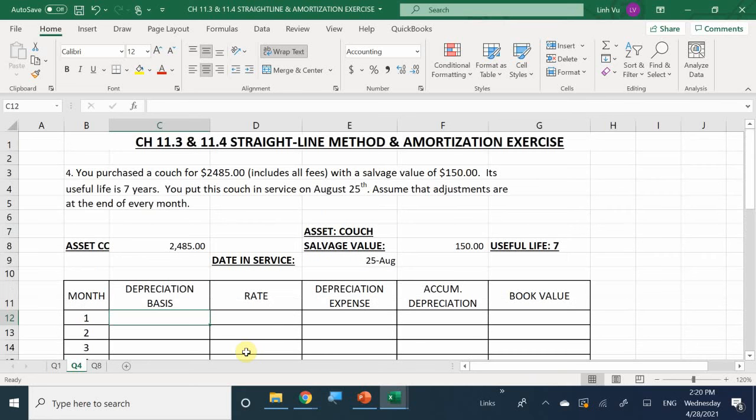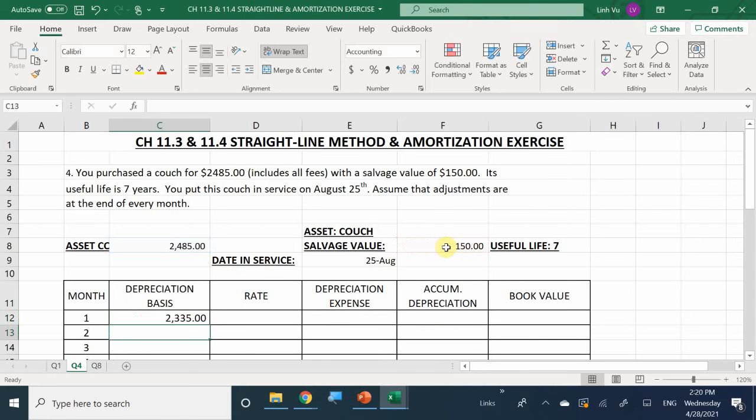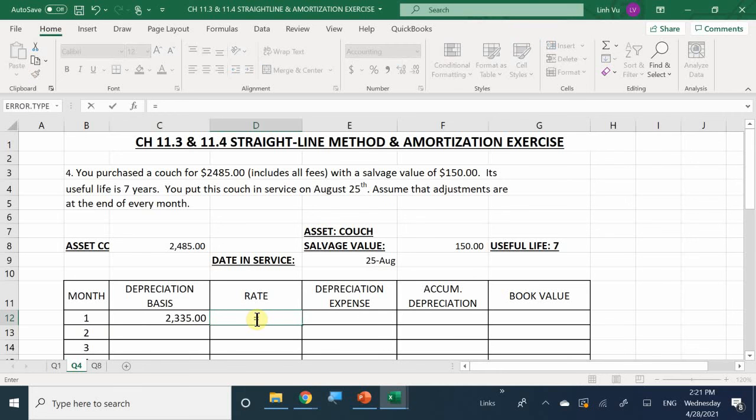Here we took the cost of the asset, $2,485, and subtracted out the salvage value of $150 to equal $2,335. What is going to be my rate? 0.14285714. Perfect. That's 1 divided by my estimated useful life of 7 years.